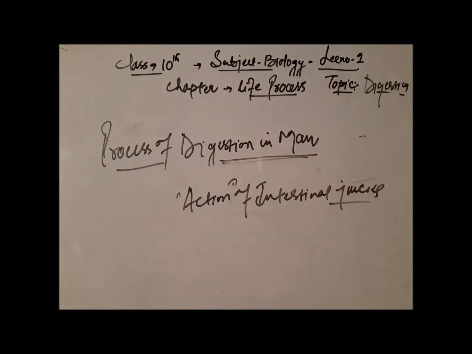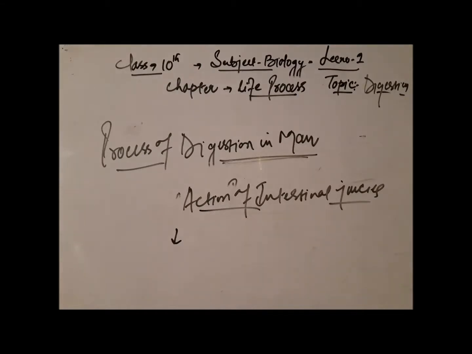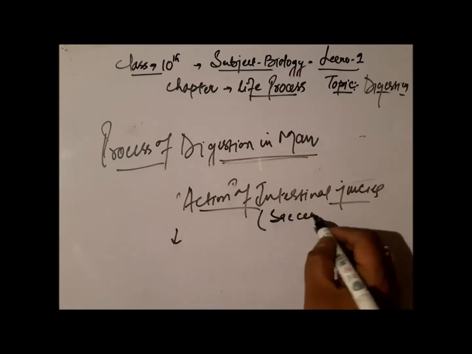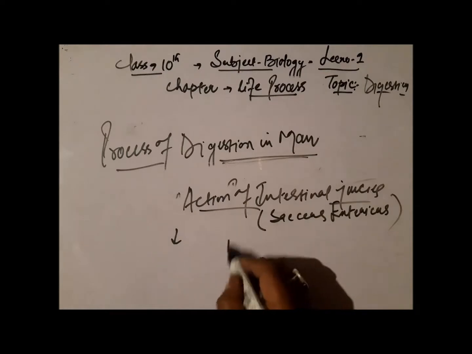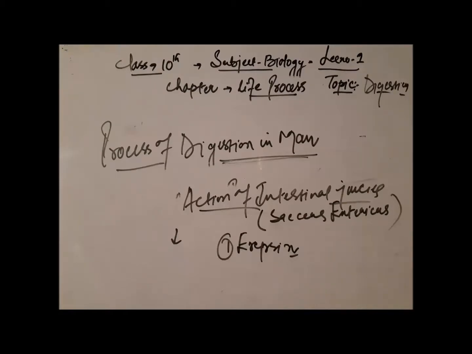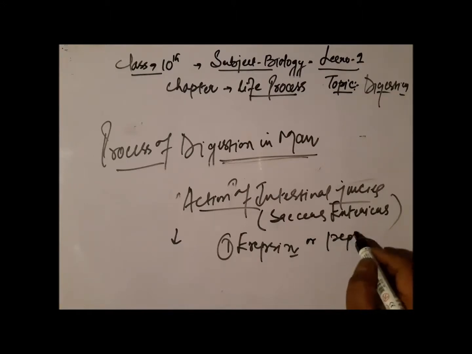Intestinal juice contains enzymes, and all the enzymes present in the intestine are called succus entericus. The names of those enzymes are: number 1, erepsin, or peptidase.